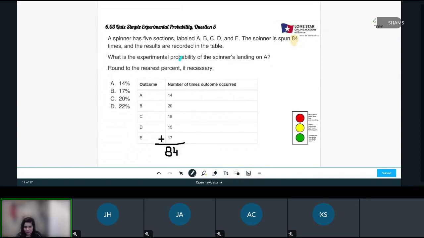What is the experimental probability of the spinner landing on A? And it landed on A 14 times. So this is how we can set it up. It landed on A 14 times out of 84 times. And we can reduce it by 7.